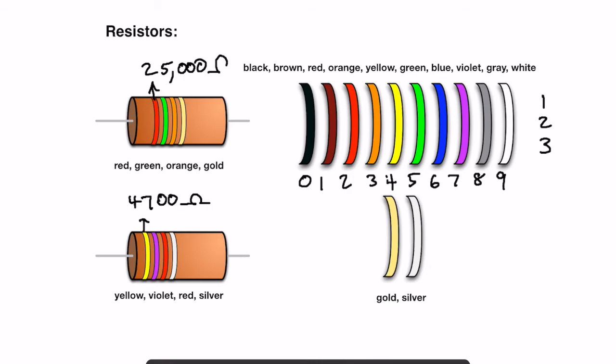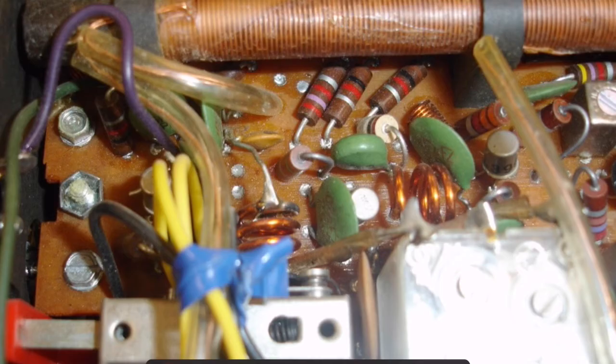The fourth band tells us the tolerance of the resistor, how close it's going to be to what we just figured out. Gold represents an error of up to 5%, and silver represents an error up to 10%. They also help us orient the resistor.